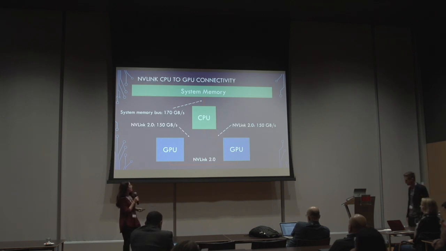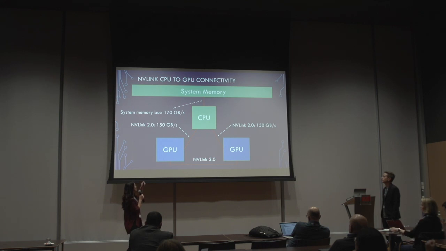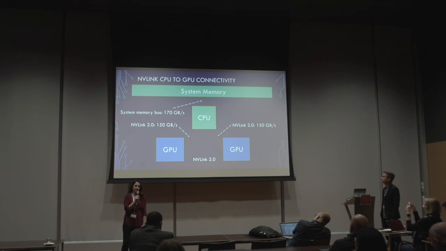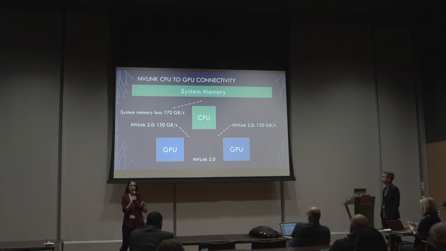So if we compare it to what we have in our OpenPOWER Power 9 that IBM builds, if you look at the bus between system memory and CPU, we've got 170 gigabits per second. It's quite a bit faster there. And then if you look at the links between the GPU and the CPU, we have NVLink 2.0.